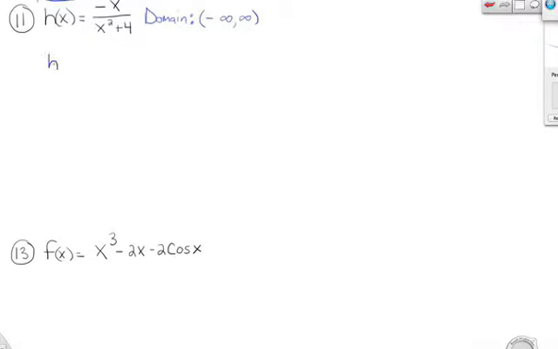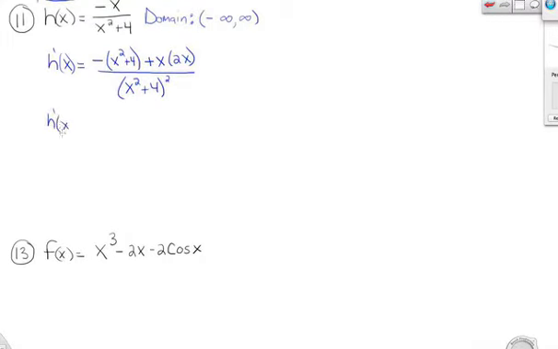And so now it's time for our critical values. So we'll take the derivative. Have to do the quotient rule. So I get negative 1 times x squared plus 4, minus the top, so it becomes plus x times 2x, over the entire thing squared.